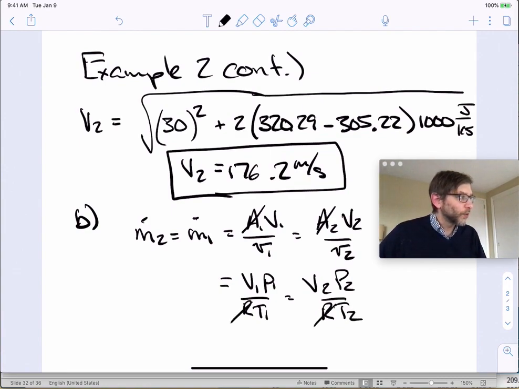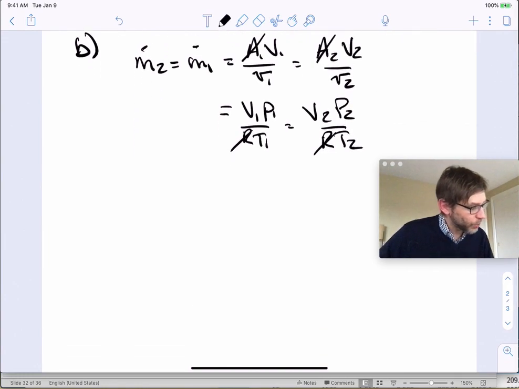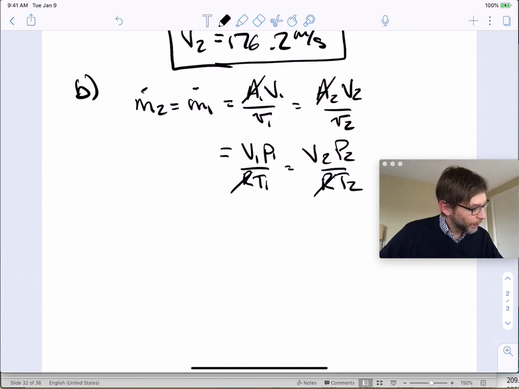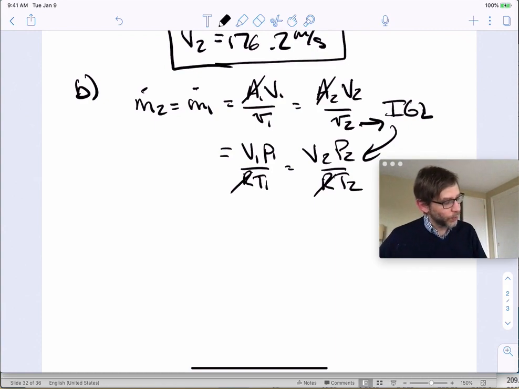We don't know that anything else is constant, so we can just solve here for the pressure directly. So essentially using this mass flow equation and the ideal gas law, substitute for the v's and you get that.